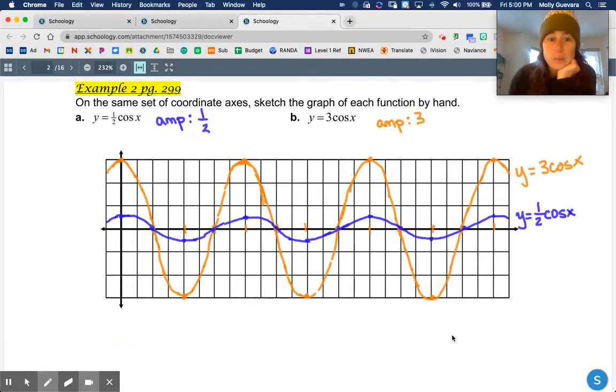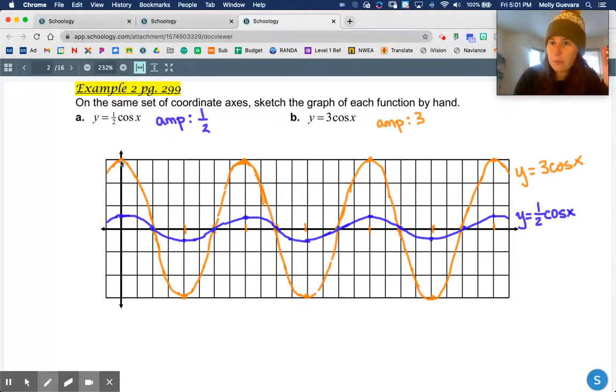Okay, so here we have those two graphs on the same coordinate axes. So my orange one here is B, which is 3 cosine of x, right? The amplitude is 3, so that means it's going to start at 3. Because remember that cosine starts at 1, 0, right? And then with an amplitude of 3, it brings you up to 3.